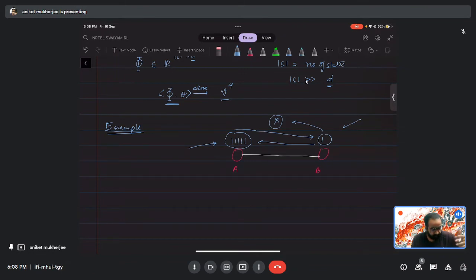The problem is at 12 midnight, the company does not allow any more taking away of the cycles from A to B or B to A. At 12 midnight they stop.